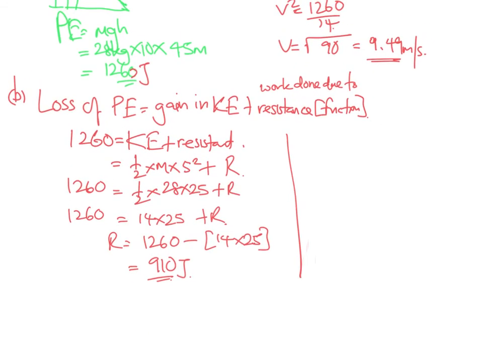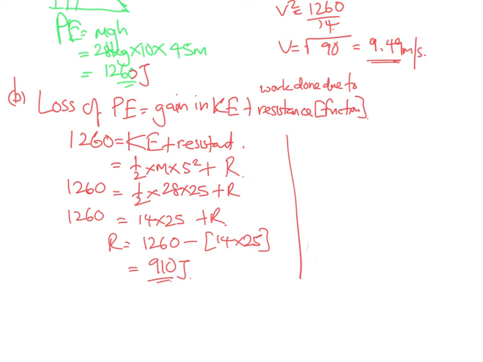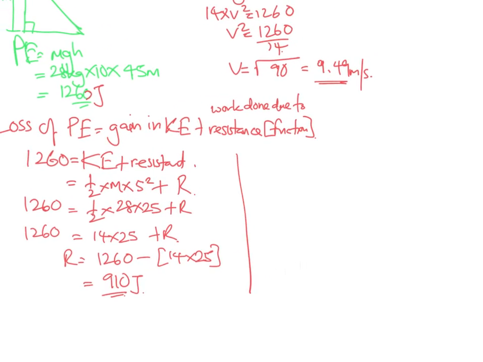If it's force, then we are talking about Newton. This is in joule, that's work done. A change in energy is basically work done. But for friction it's about Newton, so I have to find the resistance force. Now work done W equals F times D. In this case, R is the work done due to resistance.